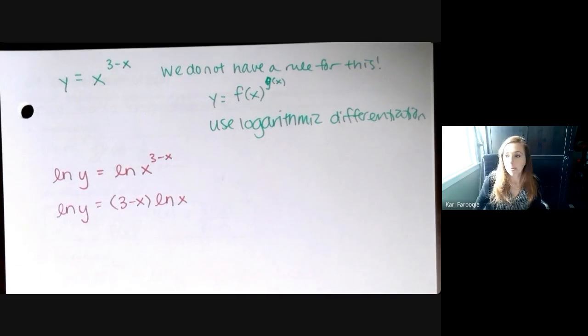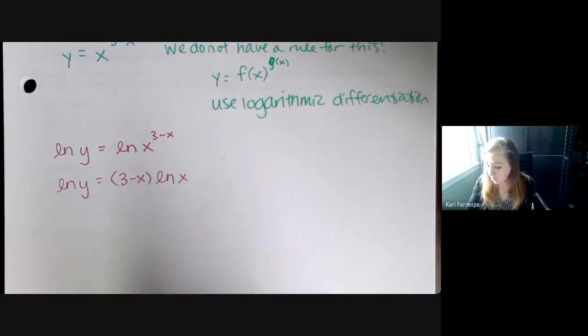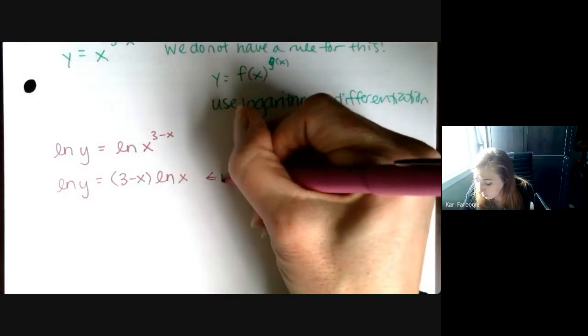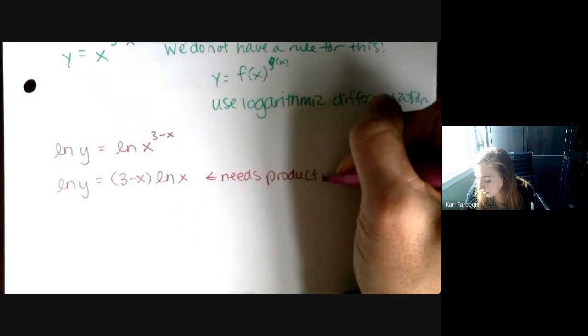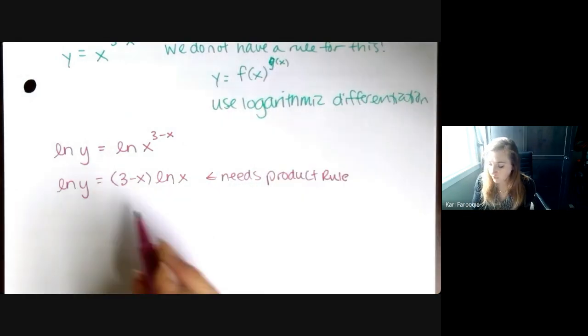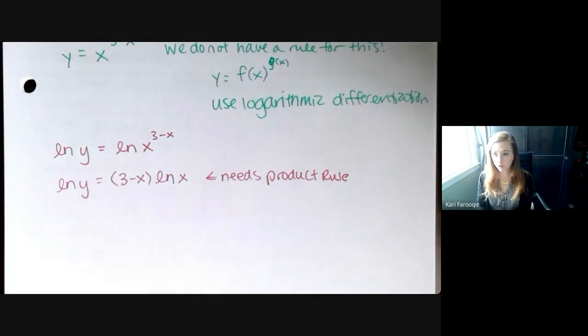Okay, now this is all ready to go for us to take the derivative. You can, if you would like, multiply the 3 minus x to the ln x, but it's not going to matter because regardless, this still needs the product rule. You are taking a function of x and multiplying it by another function of x. So we use the product rule on the right-hand side.